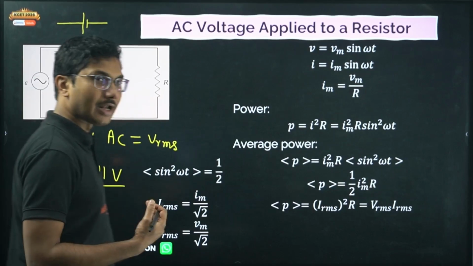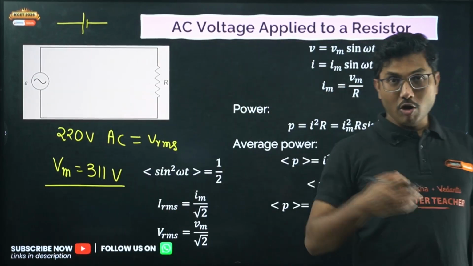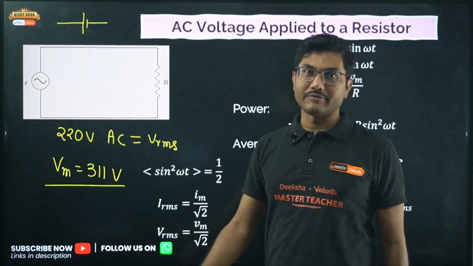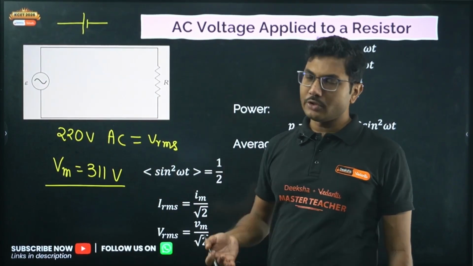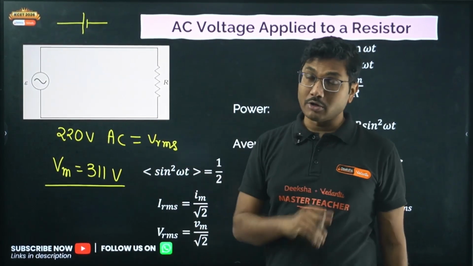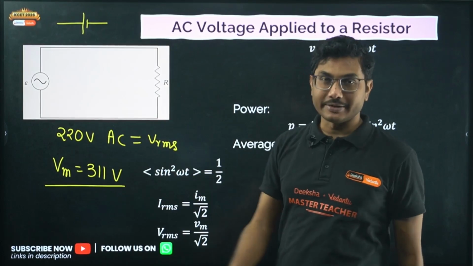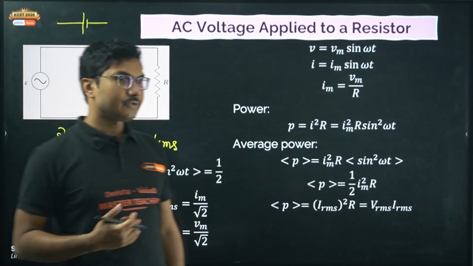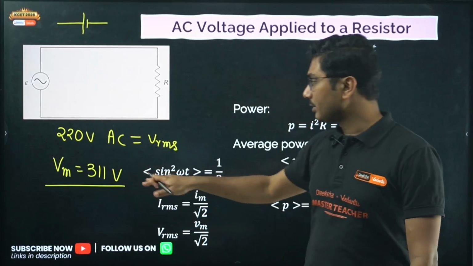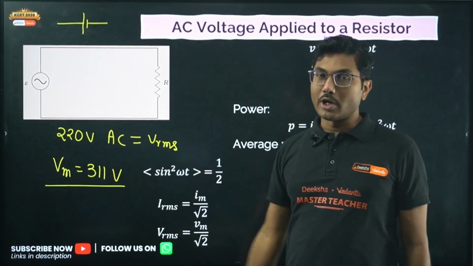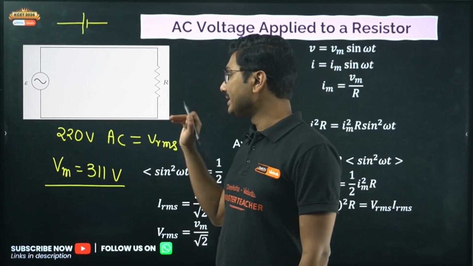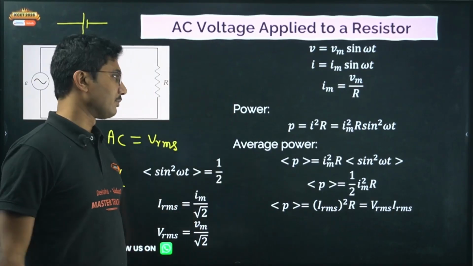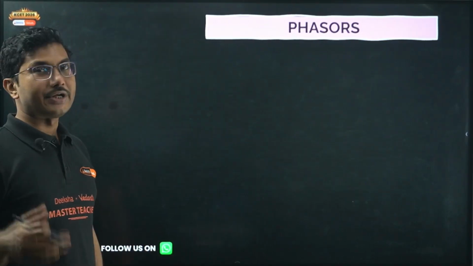The minimum value is not 0; it is minus 311 volt, and in between there is a 0 as well. That is very interesting. We start with 311, go down to minus 311, but when we say 220 volt, that is the RMS voltage.